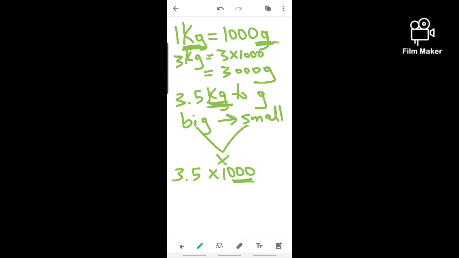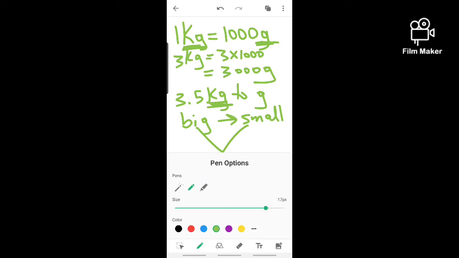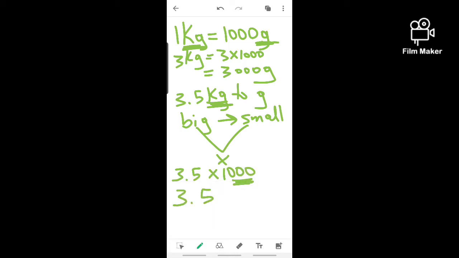When we're multiplying by 1,000, all we're going to do is move our decimal point 3 places to the right. 1 place to the right, 2 places to the right, and finally 3 places to the right. And we're going to add in our zeros where necessary. And that simply leaves us with 3,500.